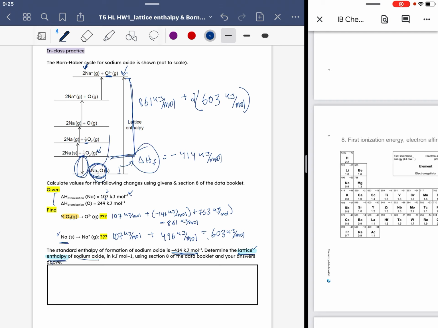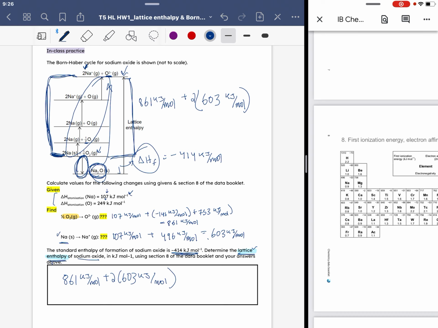So to go from here to here, I'm adding all of these arrows, subtracting out this arrow because it's in the opposite direction. So your math is going to be 861 kilojoules per mole plus 2 times 603 kilojoules per mole. And those are the numbers we found to get you from this step to this step.